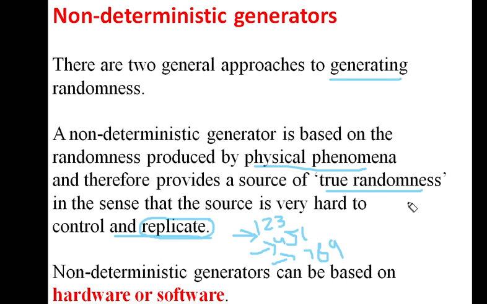But another person cannot imagine 1, 2, 3, 4, 5, 6 and 7, 8, 9. So that's why we can call it replicate. And true randomness is very hard to control and replicate.